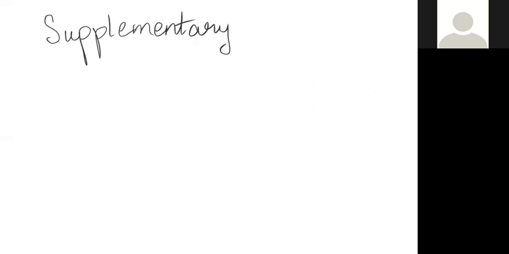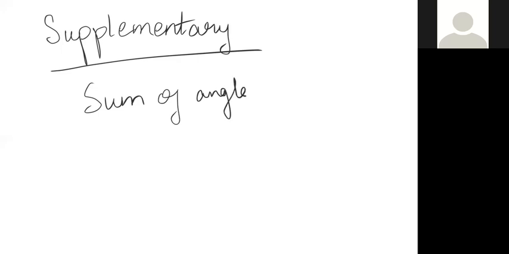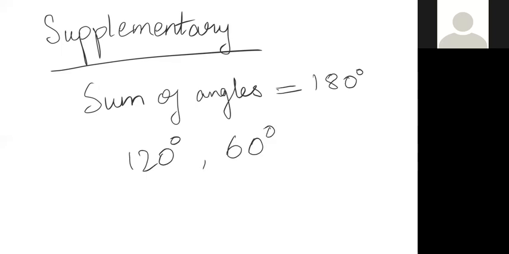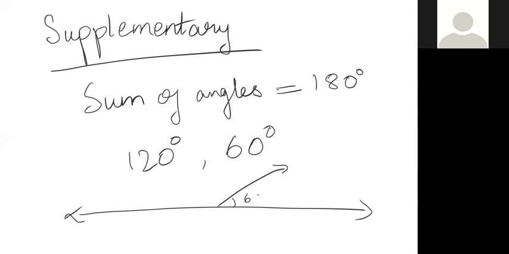So now, if I were to take the supplementary angles, it would just be the sum of angles equals 180 degree, right? To give this example, you have 120 degree and let's say 60 degree. If I were to put in a line, this is one full line and this is the one point. I have a 60 degree over here.